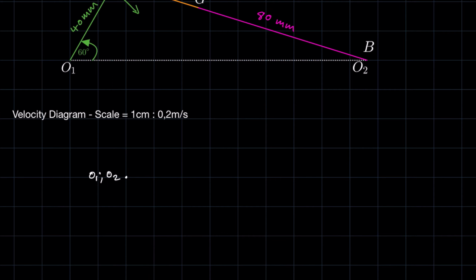So you are drawing the velocity diagram below the space diagram, and to get that line perpendicular to the link passing through the point O1, O2, you place your 45 degree set square parallel to link OA.